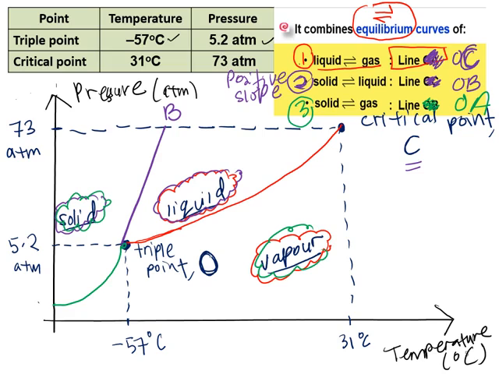So triple point awak O. So ni adalah point A di sini. Okay. Warna hijau ni, curve warna hijau refer kepada solid and gas in equilibrium. Curve warna merah refer kepada liquid and gas in equilibrium. Curve warna purple adalah solid and liquid in equilibrium.